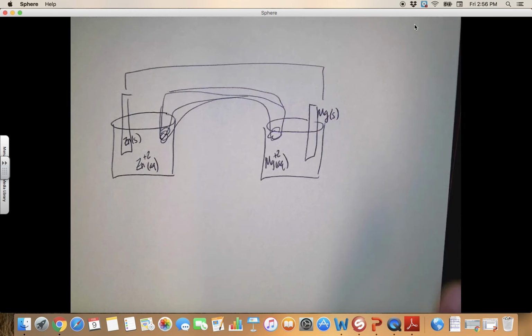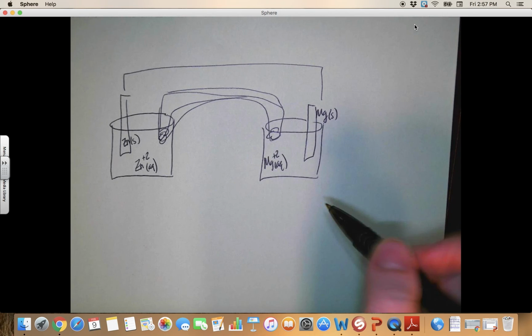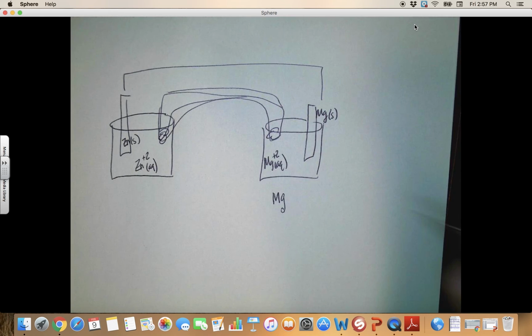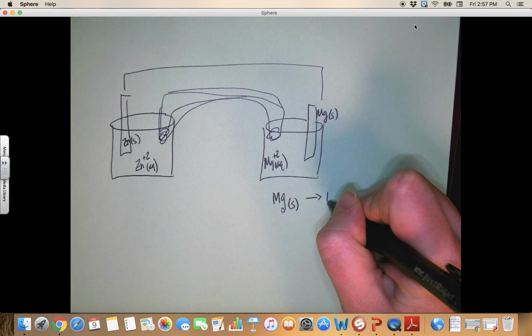Okay, activity series. We look at the activity series. Who's more likely to be oxidized? It's magnesium. So I'm going to write an equation for magnesium being oxidized, for losing electrons. So it's going to go into solution.